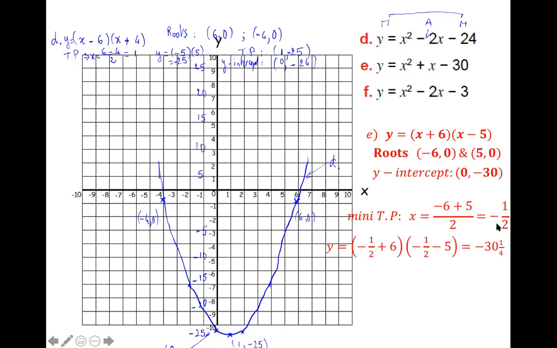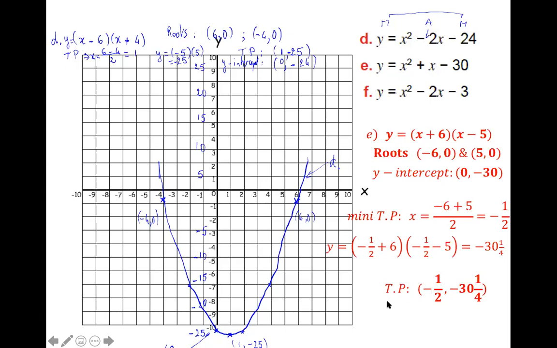And when you've got x equal to negative a half, this is where you need to work with your fractions. You replace negative a half here, plus negative a half, minus 5, and you end up with negative 30 and a quarter.